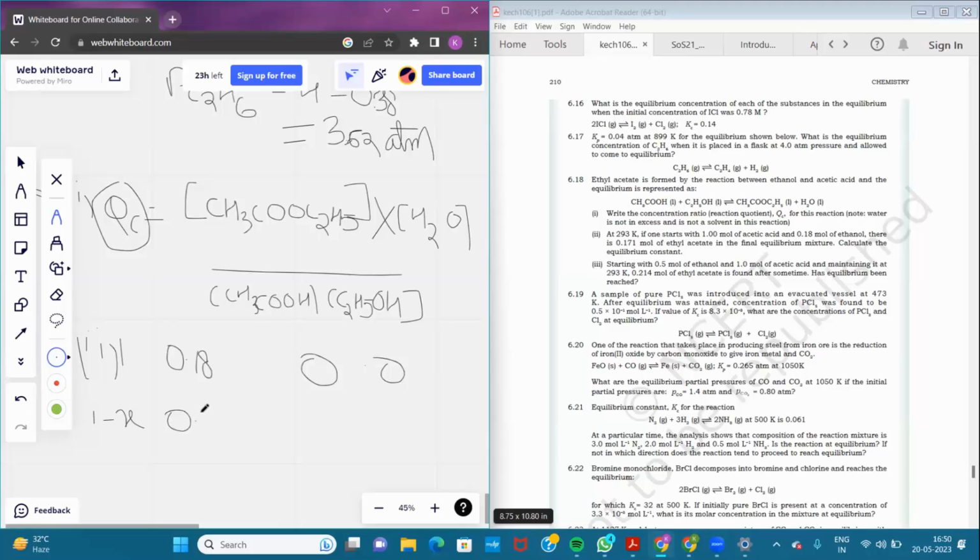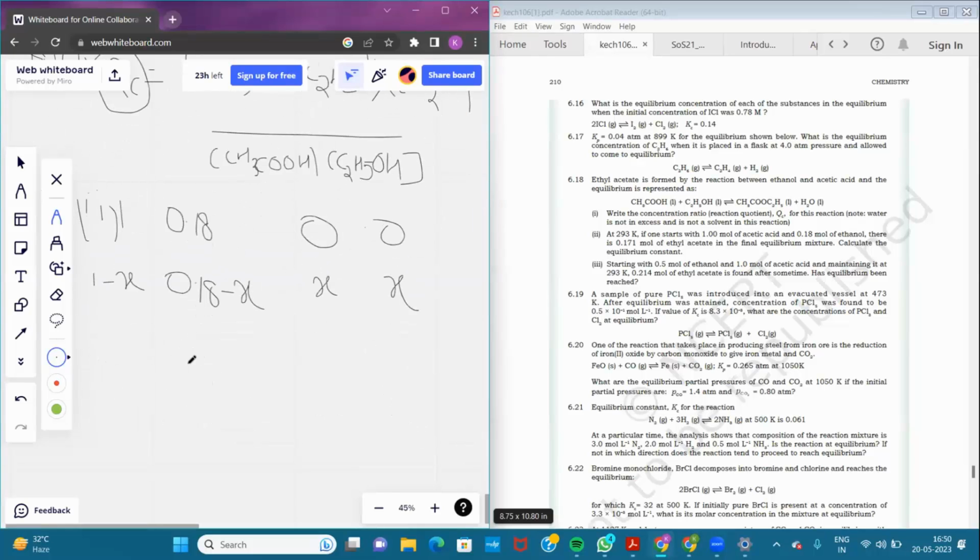Ethanol will also react in X amount as per the stoichiometry, and the ester is produced in X amount. Water is also produced in X amount. And as given in the question, at equilibrium, X, that is, the moles of ethyl acetate, is 0.171.